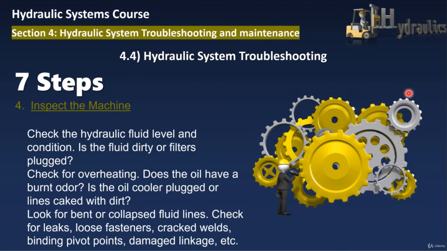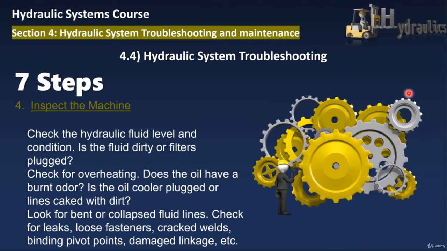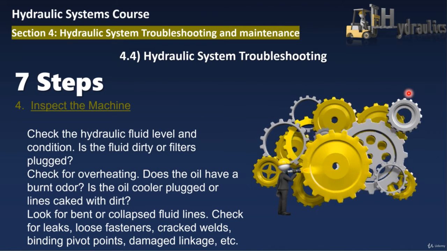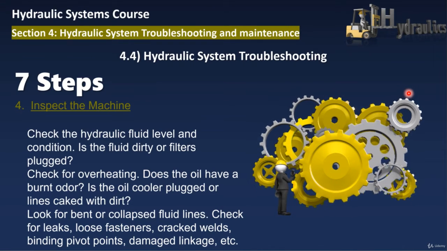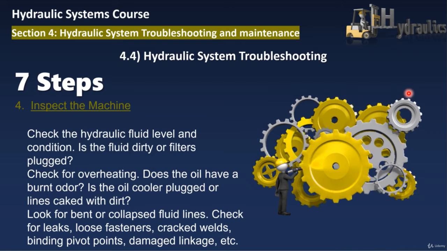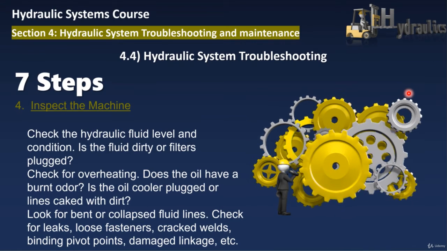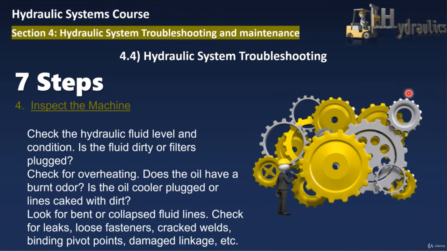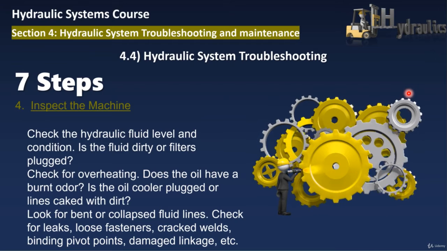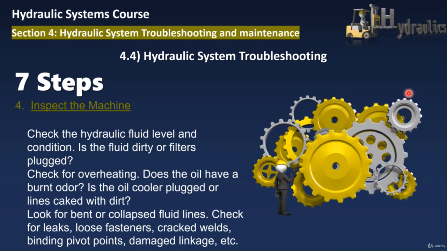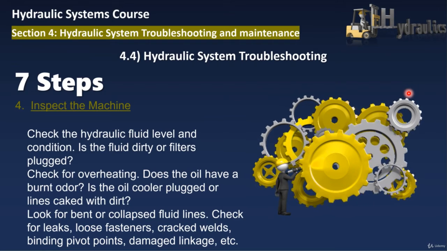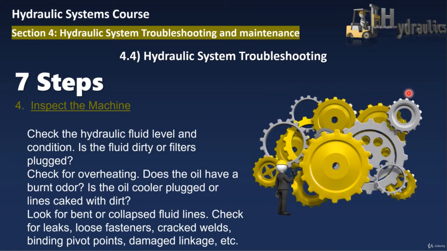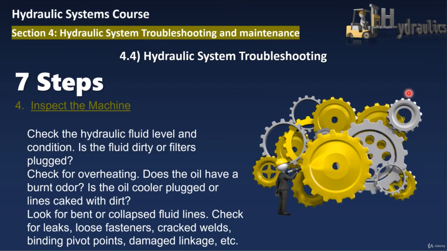Check for leaks, loose fasteners, cracked welds, binding pivot points, and damaged linkage. So you have to perform a close visual inspection of your hydraulic system to identify whether you can see any problems in the lines or in the connections.